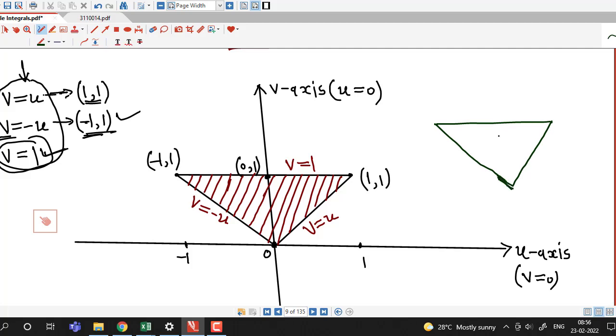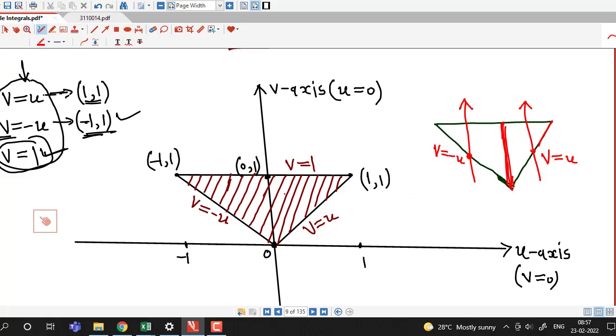Now suppose I consider vertical line passing through the region, then you can see in this part, if we break this region into two parts, and if I consider vertical line in this part, then it will enter the region on v equal to minus u. And if we sketch the vertical line to the right side of this line, then it will enter the region on the line v equal to u.